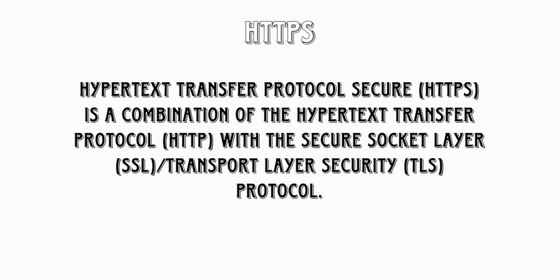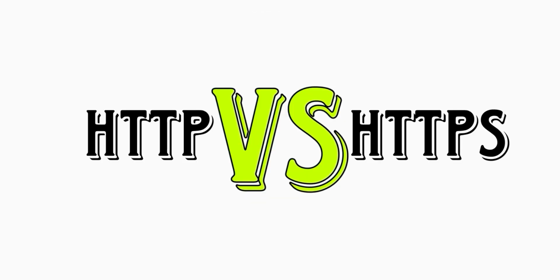HTTPS, Hypertext Transfer Protocol Secure, is a combination of Hypertext Transfer Protocol with a Secure Socket Layer, or SSL, or Transport Layer Security, or TLS, protocol. But what are the differences between HTTP and HTTPS? Well, HTTPS is HTTP with encryption and verification.